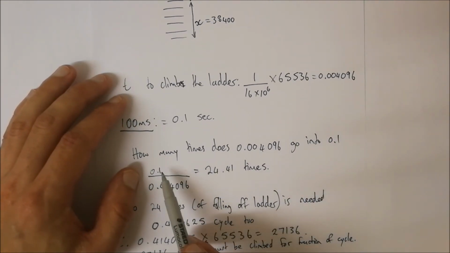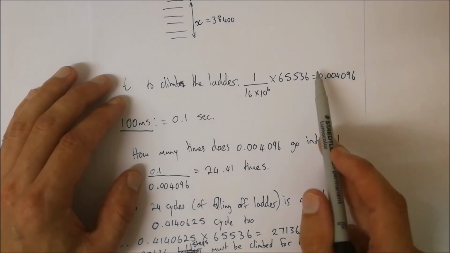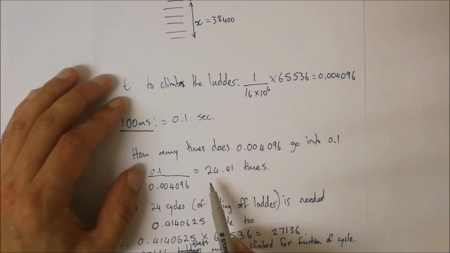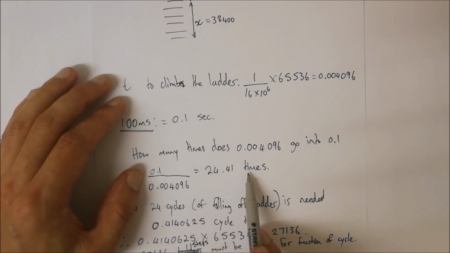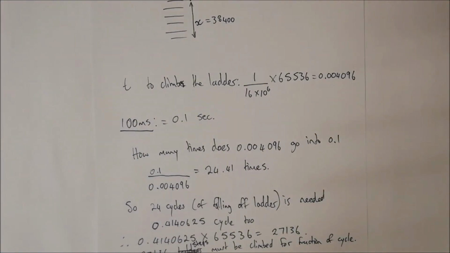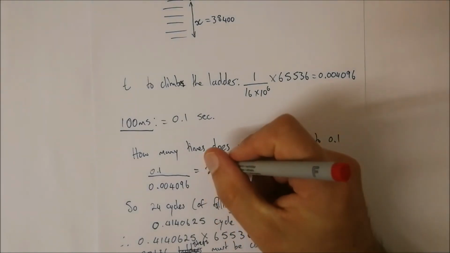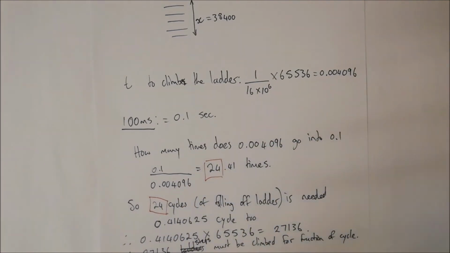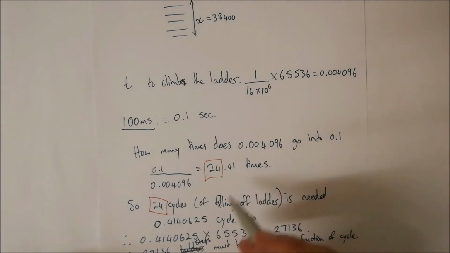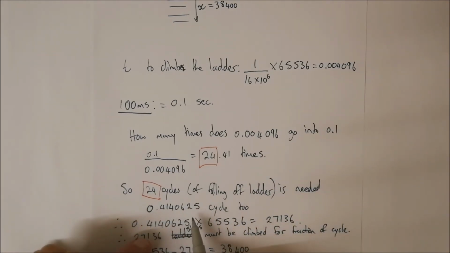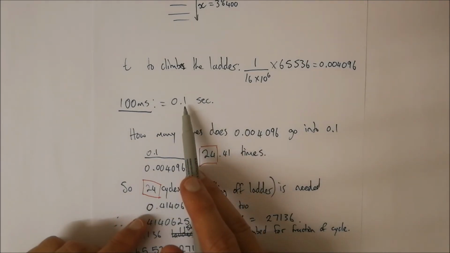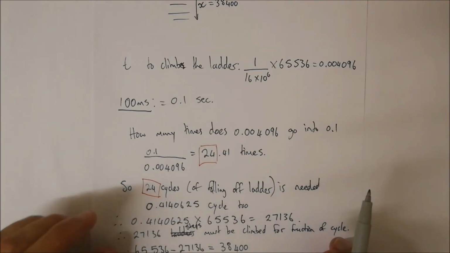So for 0.1 seconds we divide by the time period we calculated for one step, and we find that's 24.41 times. So that 24 we're going to keep in memory, because it's important: we know it's 24 times, but it's 24 times and a bit. A 0.41400625 of a cycle that we need to climb to complete a full 0.1 second time period.